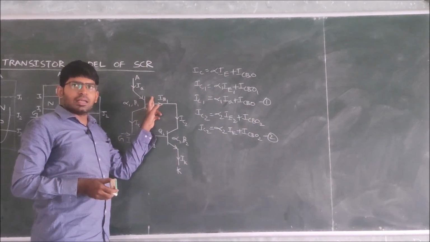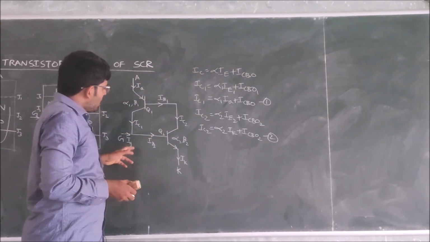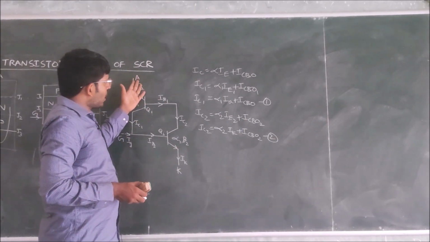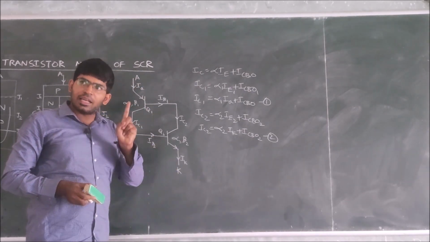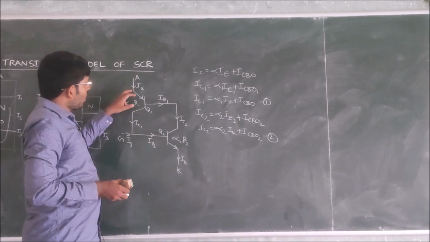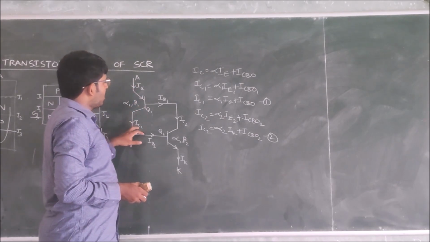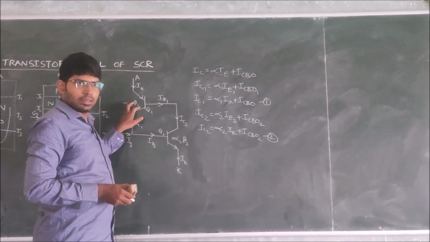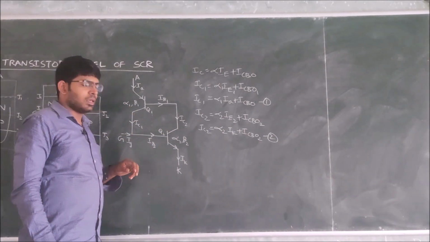In SCR, the current is always observed from anode to cathode, unidirectional current. When we do not give any trigger to the gate, there is no current flow from anode to cathode. When we trigger the gate, only at that time will current flow from anode to cathode. Whatever anode current we observe here is splitting into IC1 and IC2.